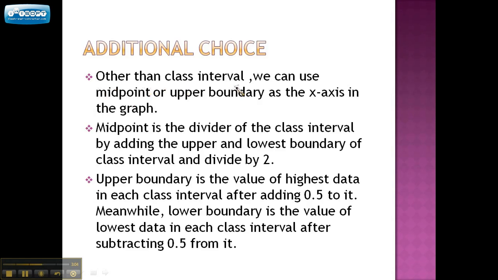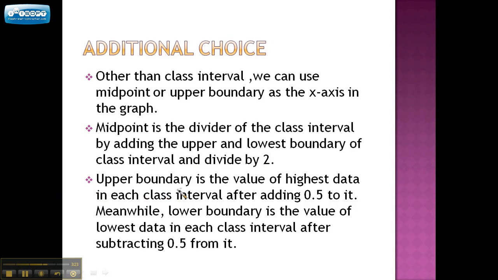Besides the class interval, we also can use the midpoint or upper boundary as the x-axis in the graph. Midpoint is found by adding the upper and lower boundary of each class interval and dividing by 2.